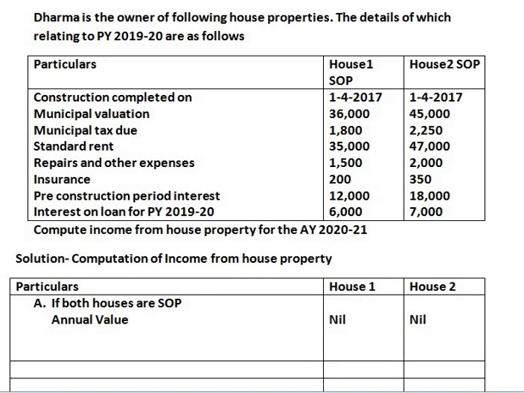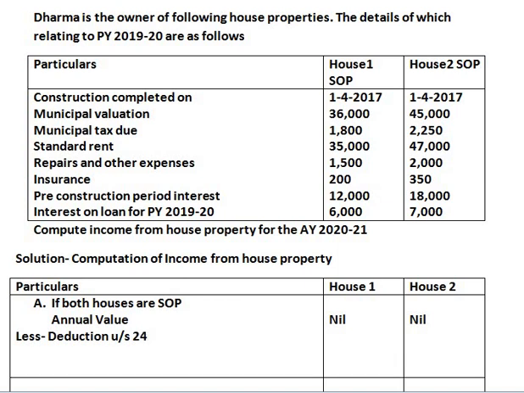From the annual value, now we should make the deductions. Less: deduction under section 24. The first deduction is 30% on annual value. When the annual value of the house property is nil, 30% deduction on the nil amount is also 0, that is nil.